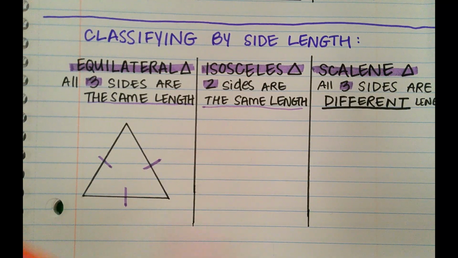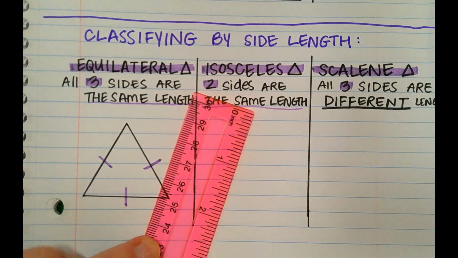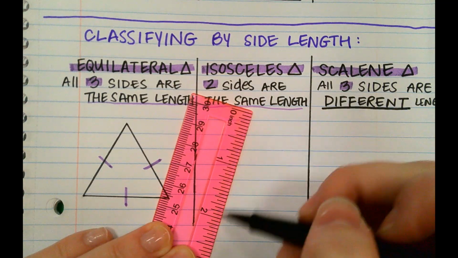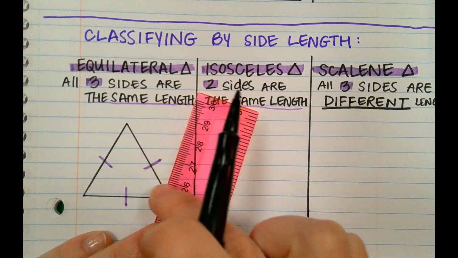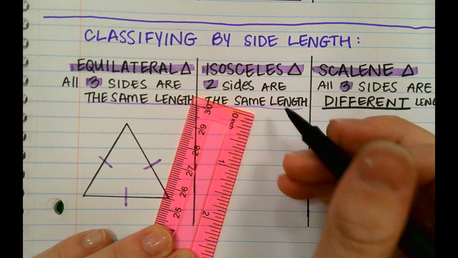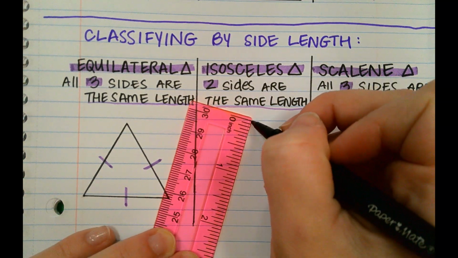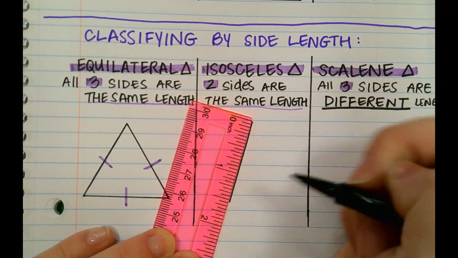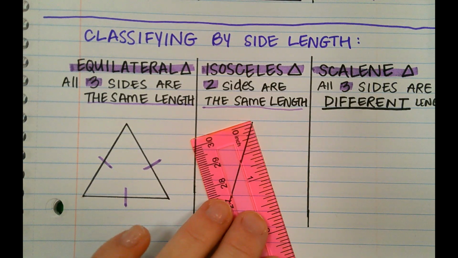Isosceles, I think, is the easiest to draw. As long as you have two sides that are the same and you don't make them 60 degrees like this, then you should be okay. I'm going to do the same, about 1.5 inches for my first length. But this time you want to close the angle a little smaller.